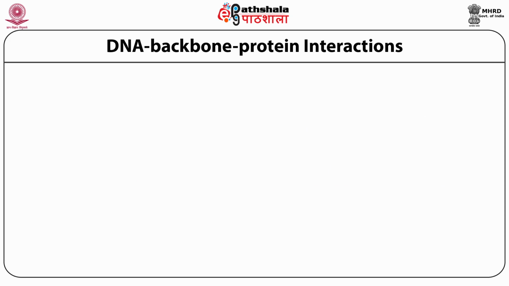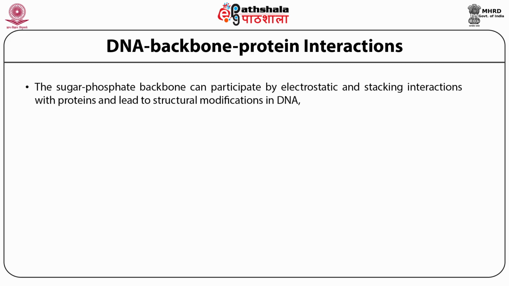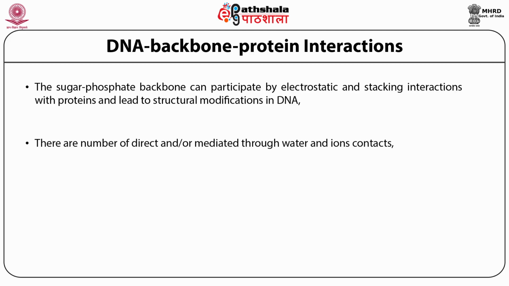DNA backbone and protein interaction. The sugar phosphate backbone can participate by electrostatic and stacking interactions with proteins and lead to structural modifications in DNA. There are a number of direct contacts and contacts mediated through water and ions.